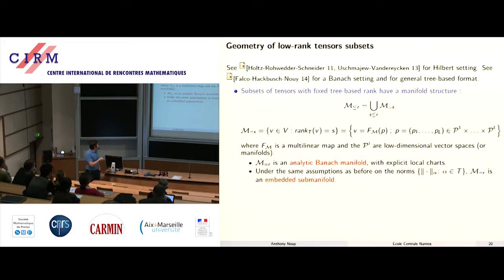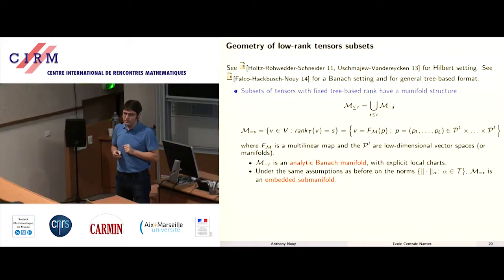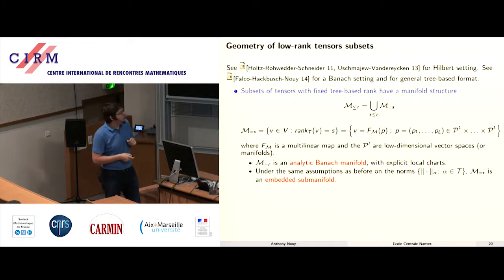And even more, if you have the assumption I have mentioned previously on the topological structure of your tree-based tensor format, then under the same assumptions, it is an embedded submanifold. So these are very nice geometrical properties.